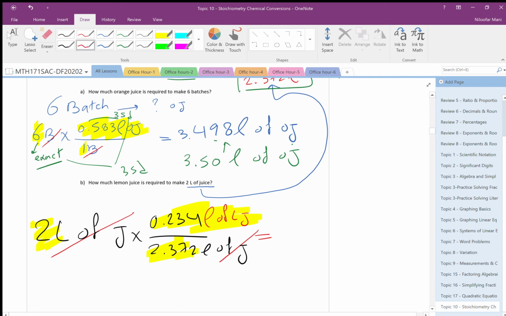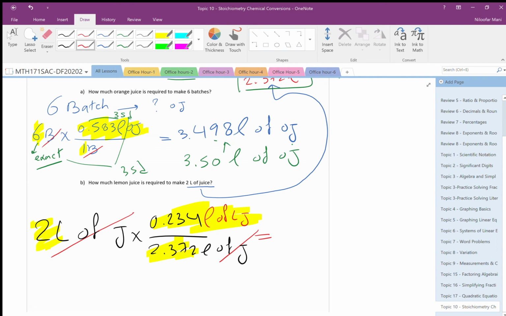You can find the answer here first. The problem is my calculator right now is not with me, so I am using my phone as a calculator.